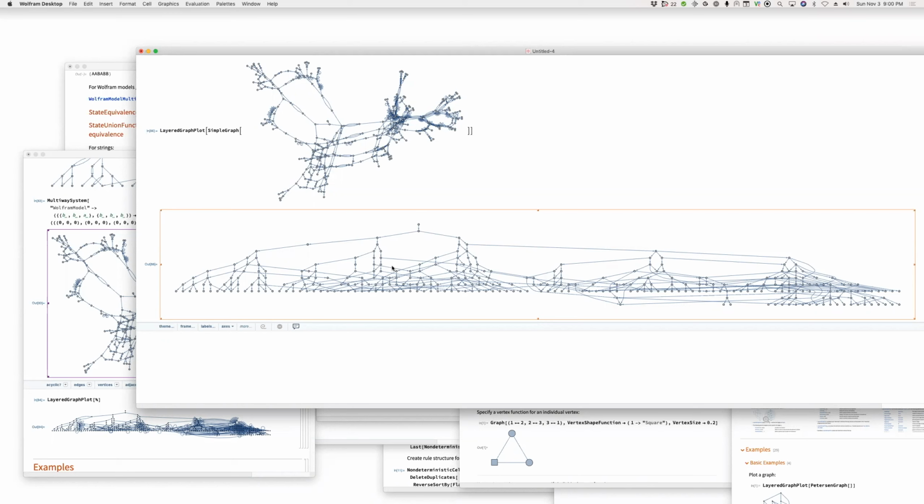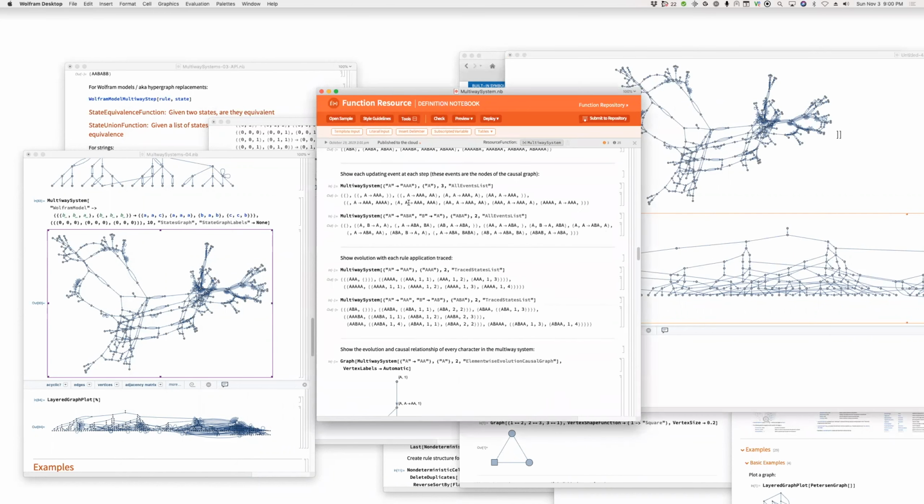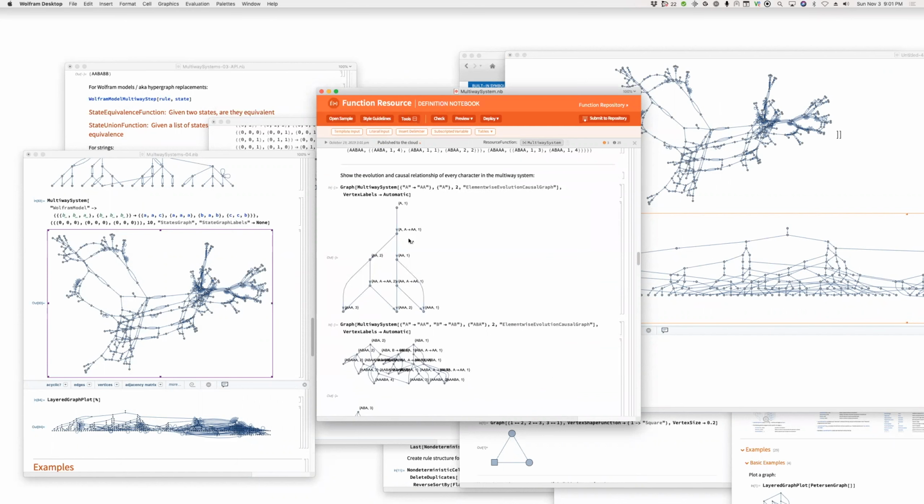The only thing that's going to have to be rewritten in that is that we've changed the format of the events. See here, element-wise evolution causal graph. That's showing each event. It's not a big deal, but we've changed the format of those events.